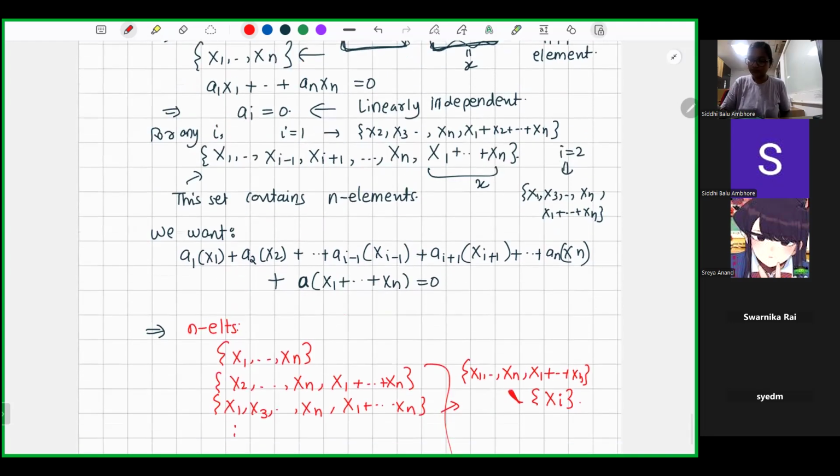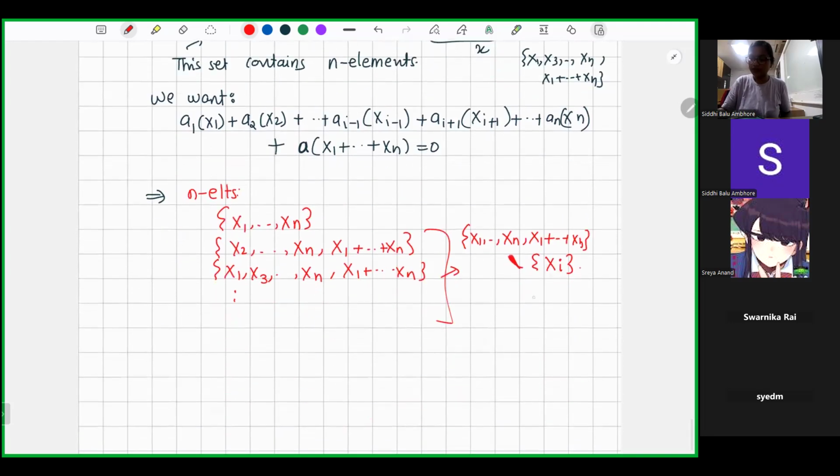When xi is equal to x1, then it becomes this set. When I take xi is equal to xn, then it will become this set, x1 to xn minus 1, x1 plus up to xn.